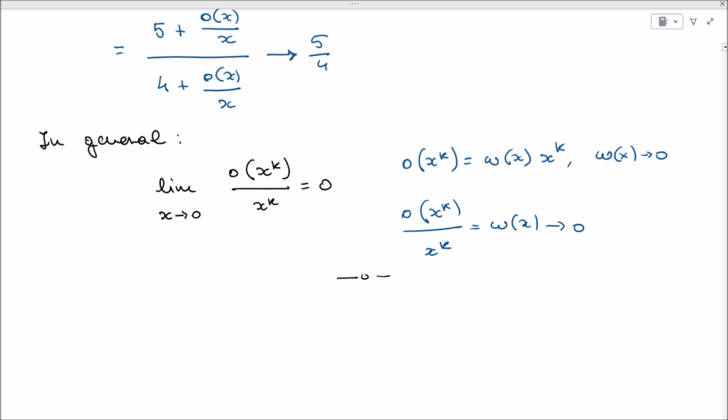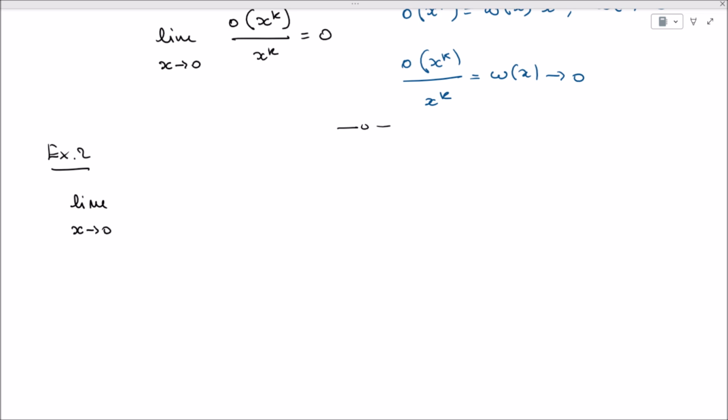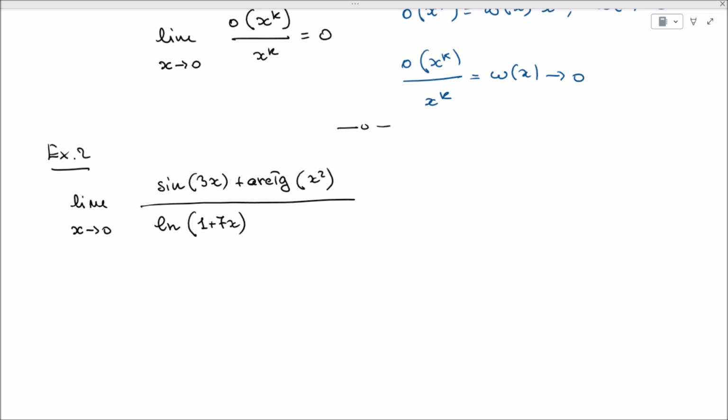Limit as x goes to 0 of sine of 3x plus arc tangent of x squared, divided by logarithm of 1 plus 7x plus sine square of x.